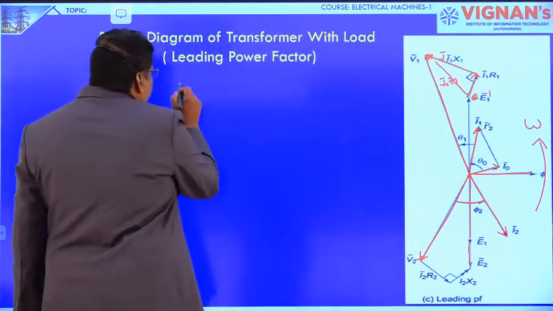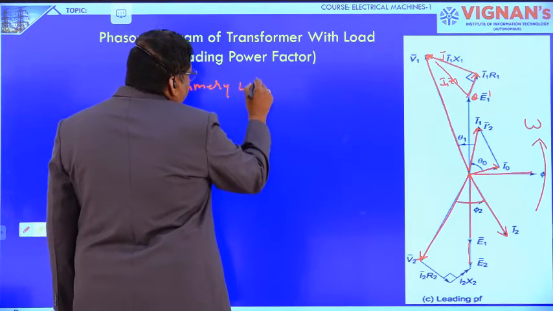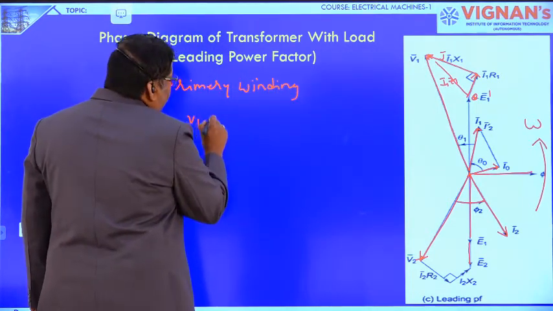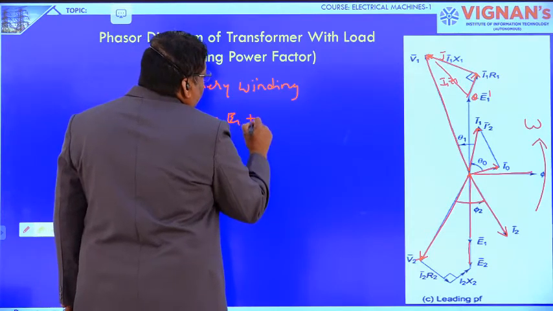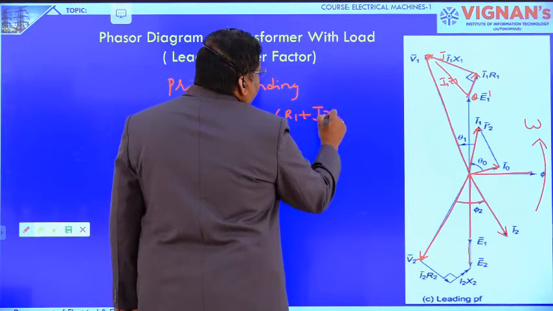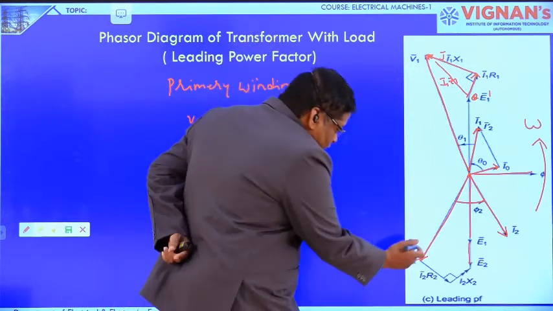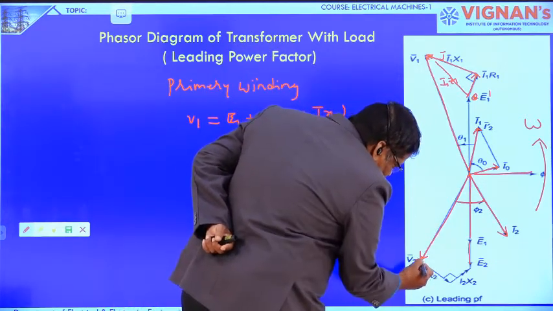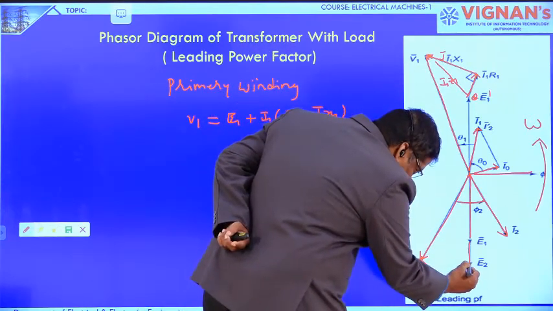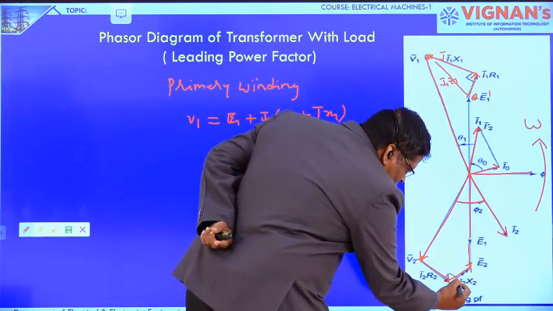If you write the voltage equation for the primary winding, V1 equal to E1 dash plus I1 into (R1 plus jX1). Now you come to the secondary side. Parallel to the I2 we have to draw the I2R2. This is I2R2, and perpendicular to this one we have to draw up to the tip of the E2. This is jI2X2.